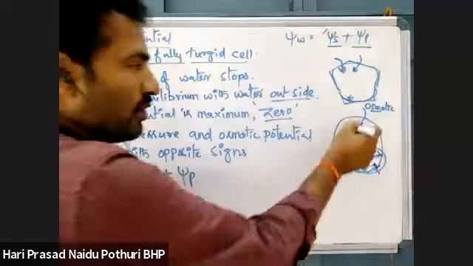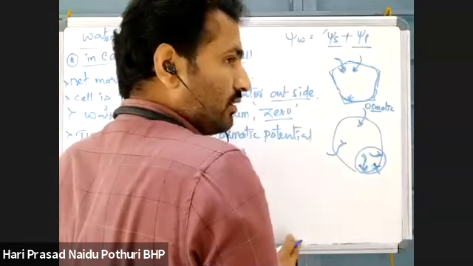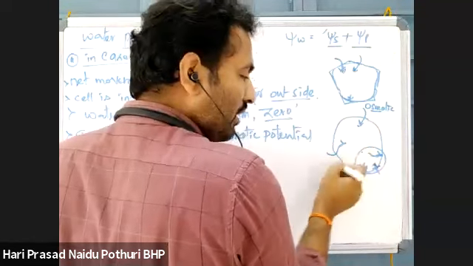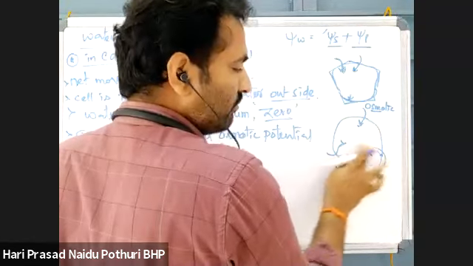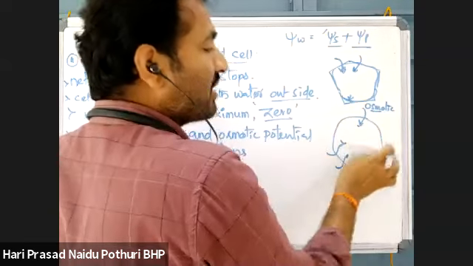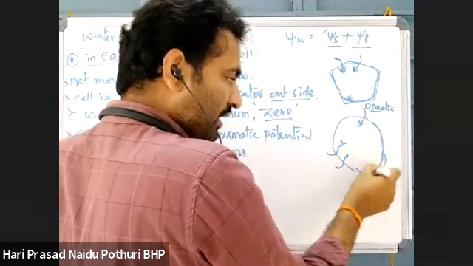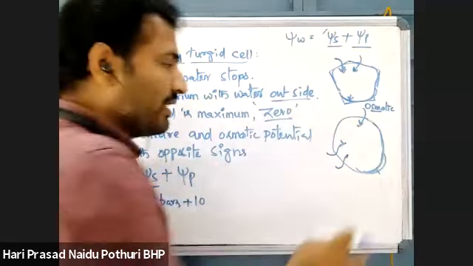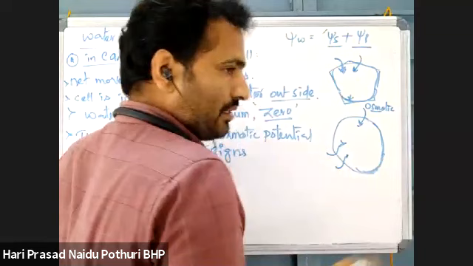Based on the solute concentration, there is entry of water. See here, if solute concentrations are more here, then there is entry of water. But as maximum amount of water is present inside the cell, solute particles are less.